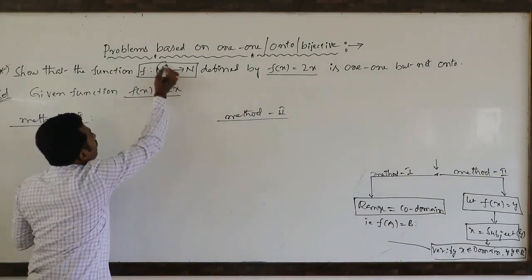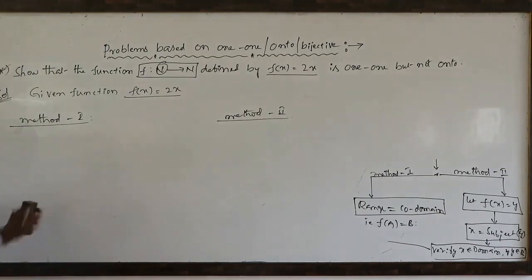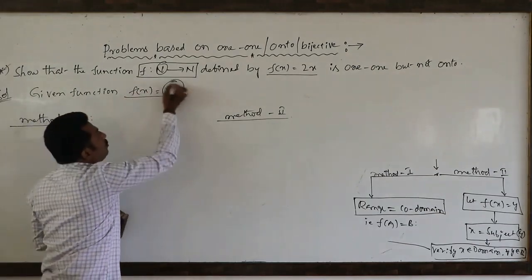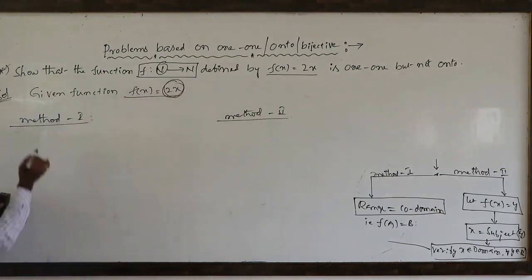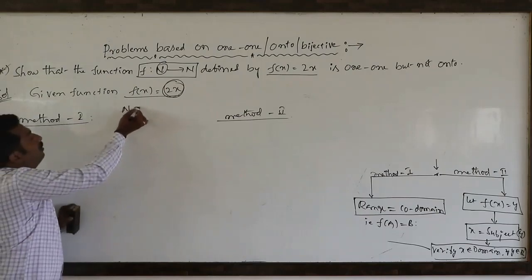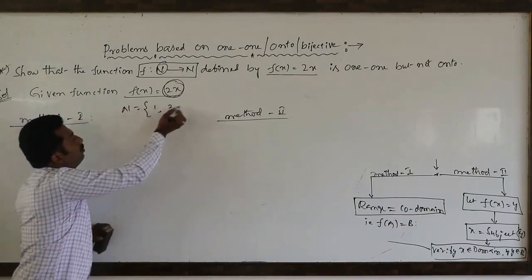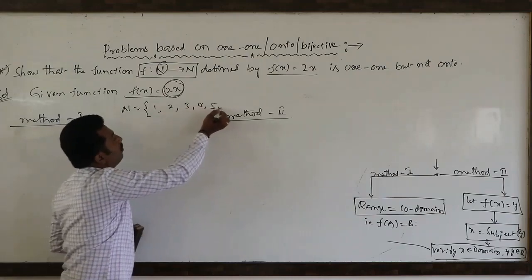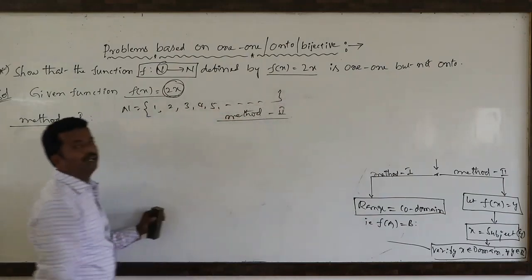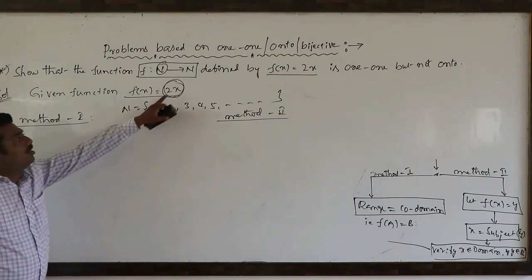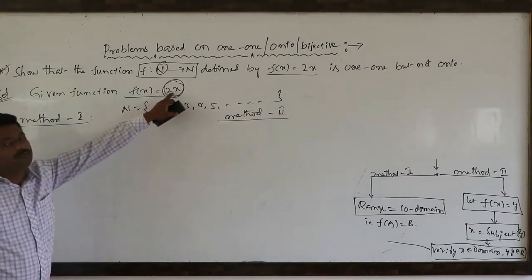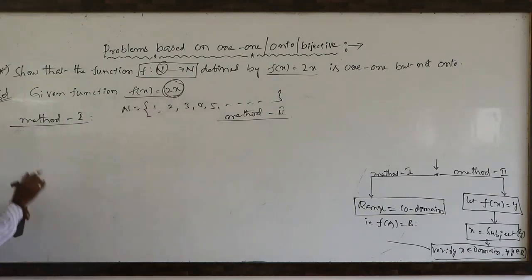What is the domain? Natural numbers. What are the natural numbers? 1, 2, 3, 4, 5 and so on. If you substitute any natural number from the domain here, we will get the range. What is the range?